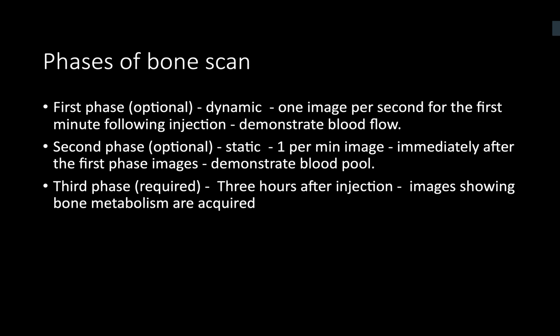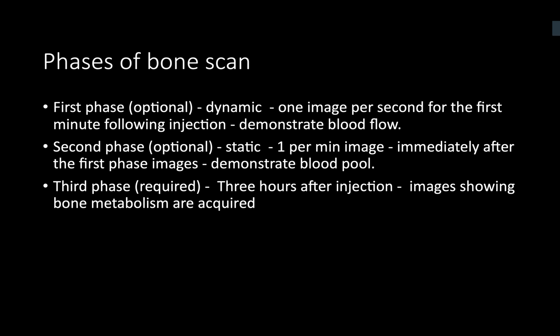Okay. What are the phases of bone scan? I don't know. I don't recall. Sorry. No problem. There are 3 phases. Sometimes this question can be asked. This was there in one of the Bau's Viva scenarios. So the first phase is called the dynamic phase. It is mainly to demonstrate the blood flow, and the second one is a static image of the same thing, but to demonstrate the blood pool.